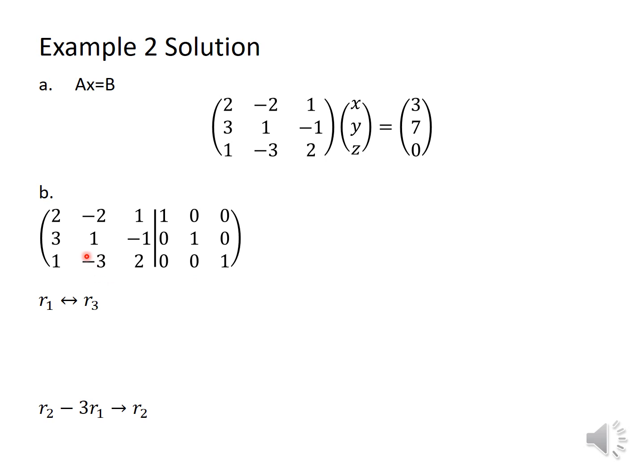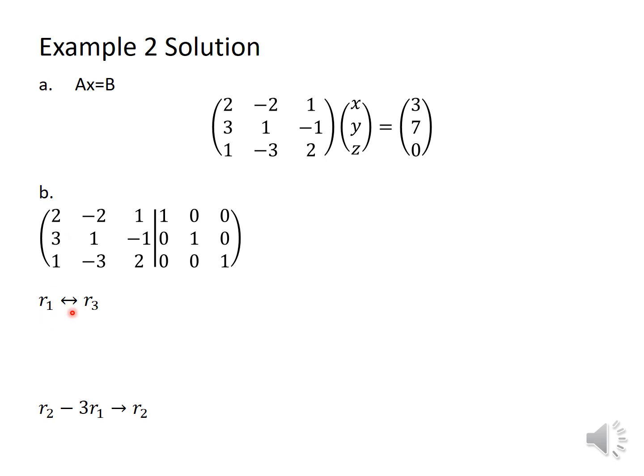Now, follow the systematic procedure. The first element is 2, so you should convert the 2 to be 1. Recall that we have the operation where two rows are interchanged. So I interchange the first row and the third row, so my 2 will become 1.